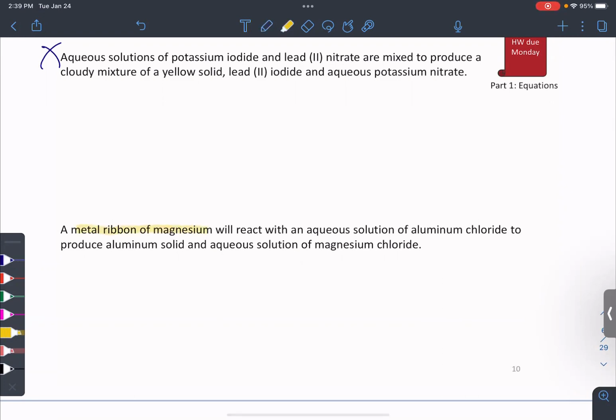We have a ribbon of magnesium, which to me sounds like elemental magnesium, so magnesium solid. If we keep going, it reacts with aqueous aluminum chloride. Is aqueous aluminum chloride a reactant or product? We have to think about how it's worded. It's a reactant because it reacts with magnesium.